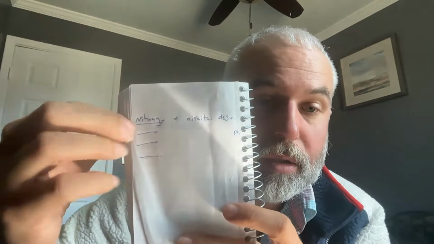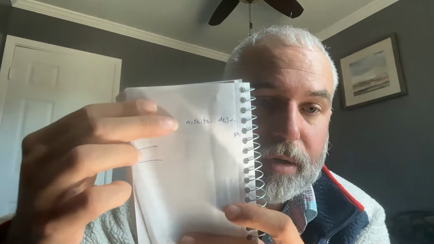If you put ka on the end of the statement, it becomes a question and nothing else changes. So this is all the same. Nihongo o naraitai desu ka? So I'm asking you, Nihongo o naraitai desu ka?